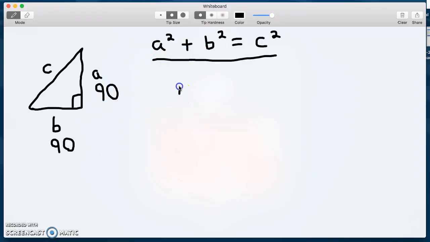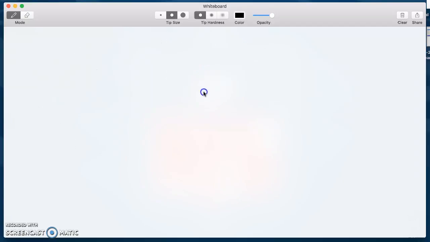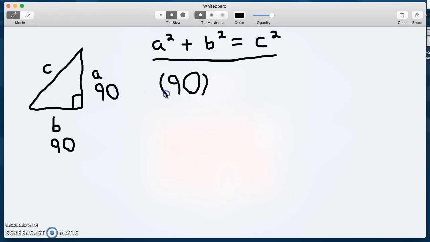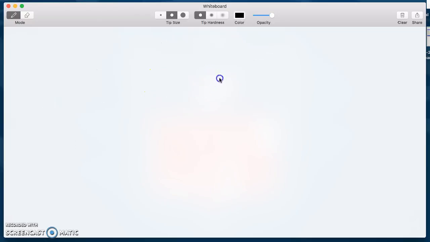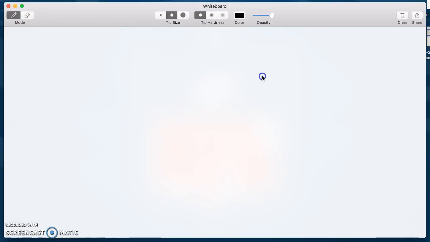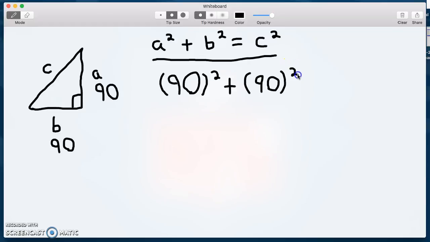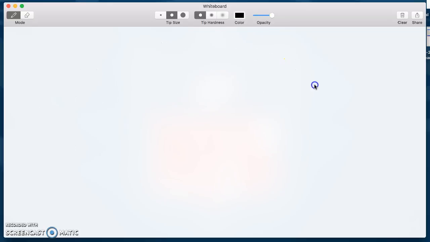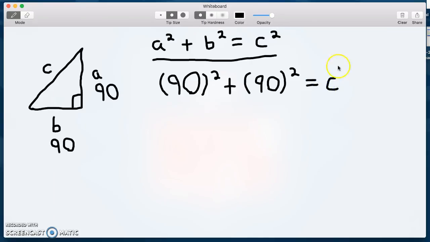So 90 squared plus 90 squared equals C squared, because that's what we're looking for.